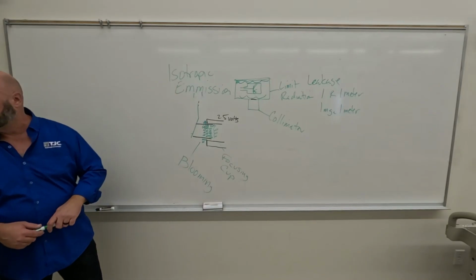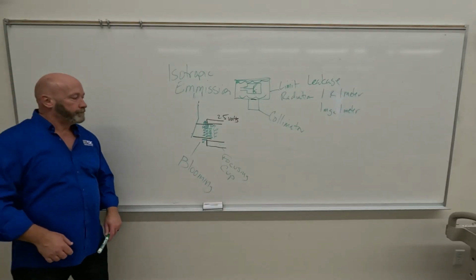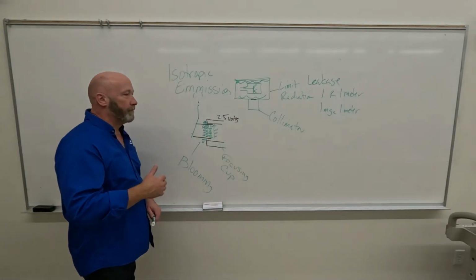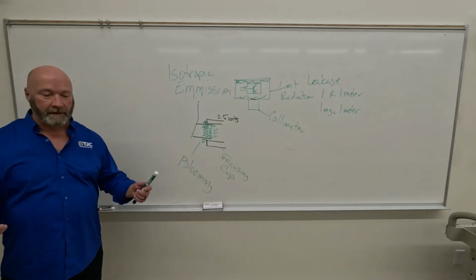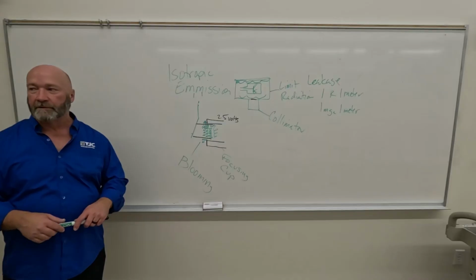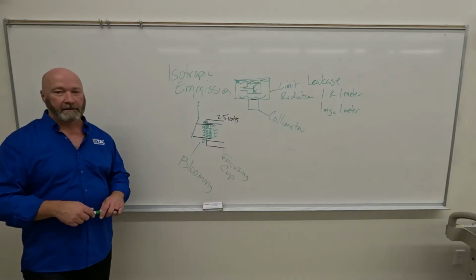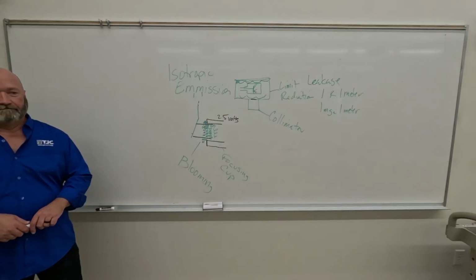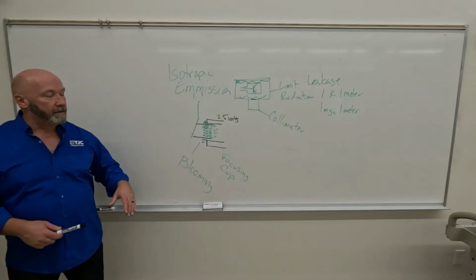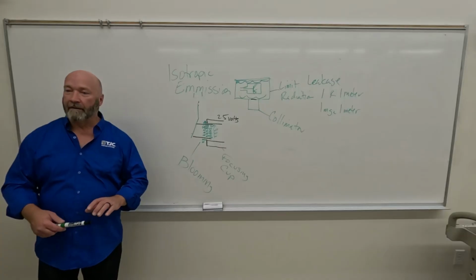Okay, so what happens? What might you diagnose if one day you walk into a room and all of your images look fuzzy? Every single image looks fuzzy. You're not over prepping. What might have happened?